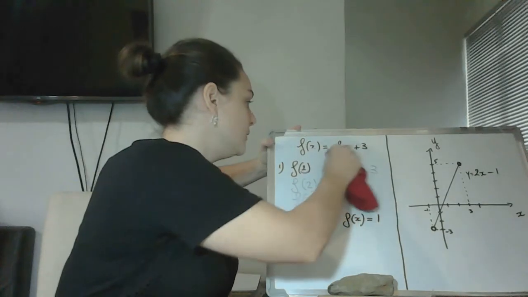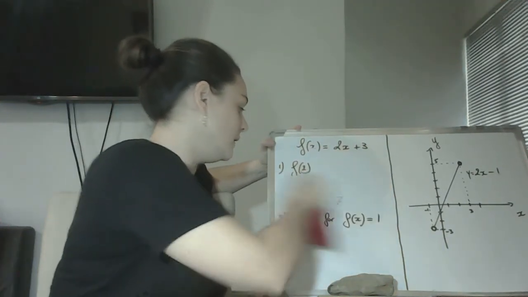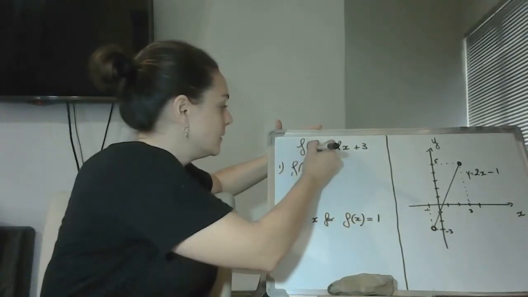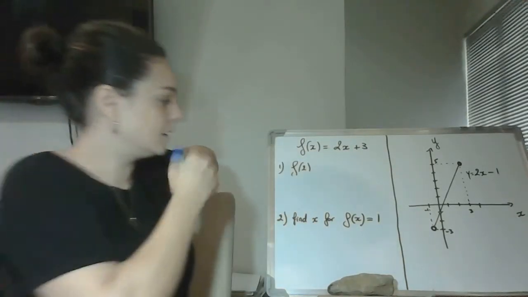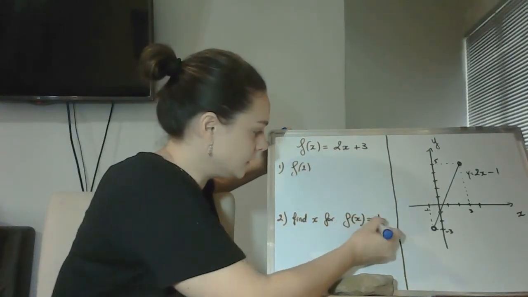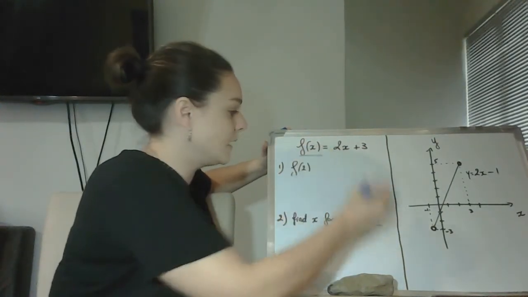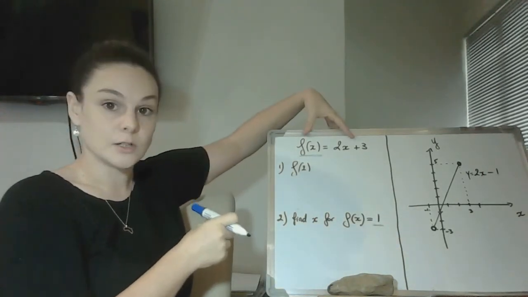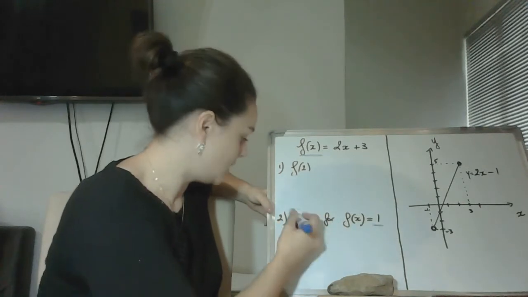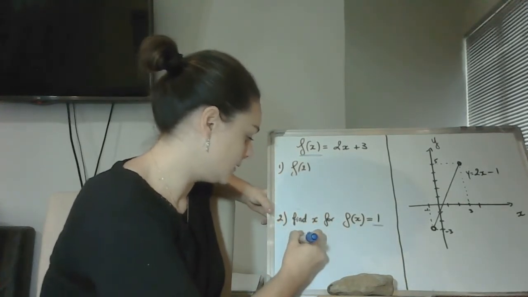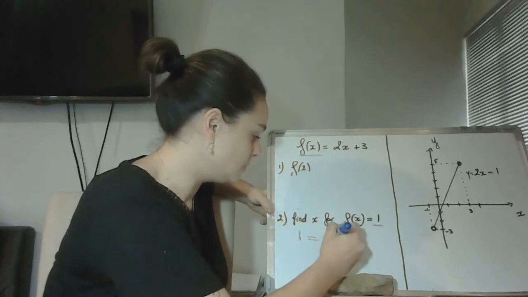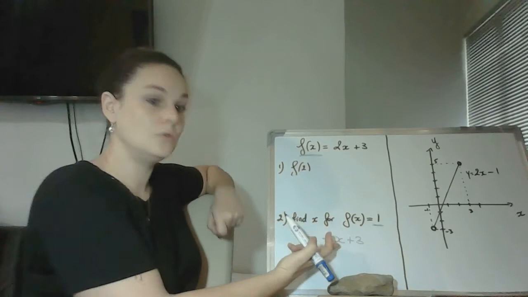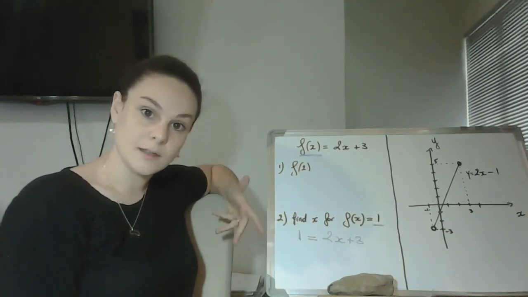You don't substitute the x. Now you change the f of x here. This one corresponds now to the f of x. So you still use the equation of the straight line, and you change f of x for 1. So you know now this equation will be equal to 1. And the question is, for which x? So you solve for x in this.